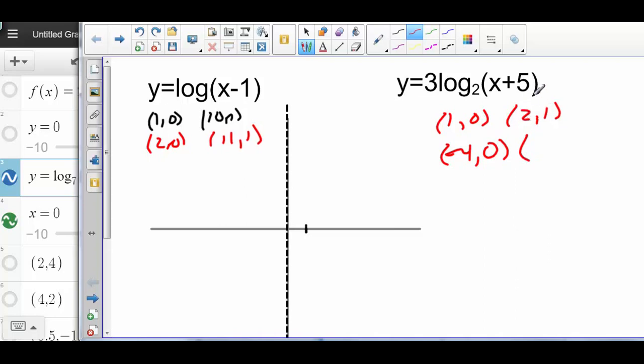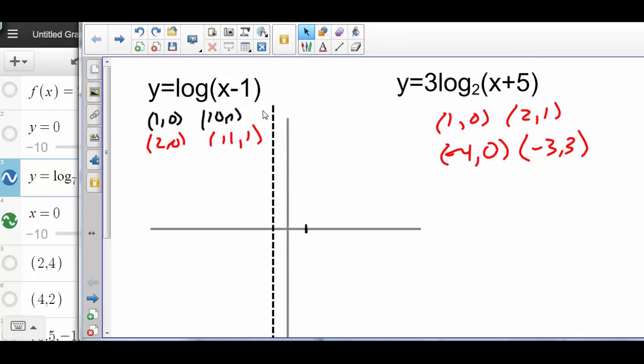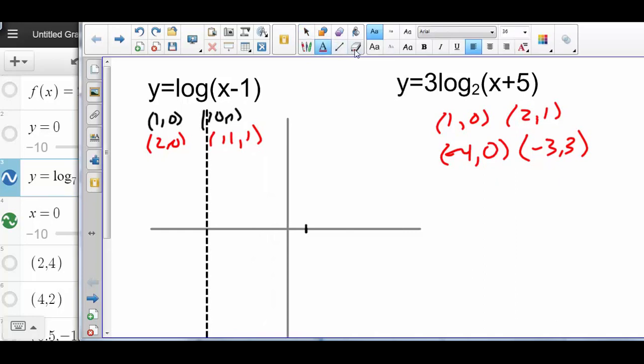Over here my 2 is going to shift to the left 5, so it will be at negative 3 now. And my y value is going to be stretched vertically. It's going to be a 3. The entire graph has shifted, we said 5 to the left, so my asymptote will be back at negative 5.